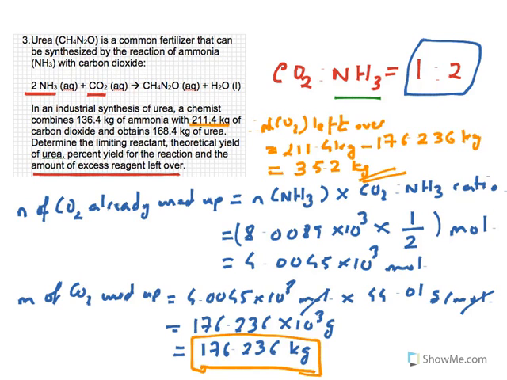And finally, we use these bits of information to find out the theoretical yield. And once we find the theoretical yield, if the actual yield is given in the question, we can easily find the percent yield of the product. With the help of the ratio between the reactants and the moles of the limiting reactant, we can find out the amount of excess reagent left over. Every single stoichiometry question can be quickly and easily solved when these steps are followed.